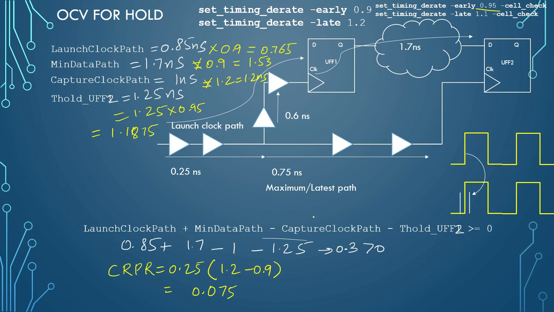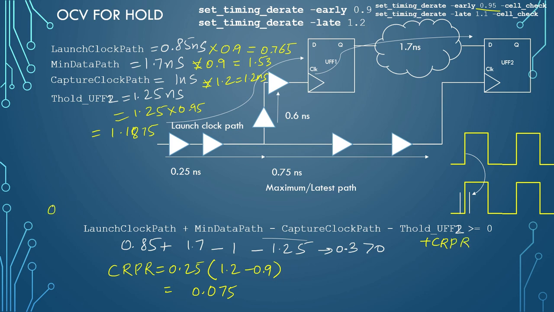Now, as explained earlier, in the setup case we were subtracting that CRPR portion. Here in the case of hold, it will be added. So if we are trying to verify whether it is still valid for hold or not, one more component of CRPR gets added along with these derated values.